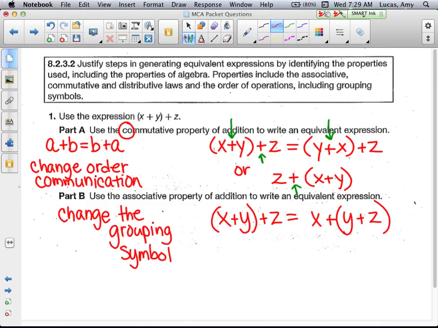So you move your parentheses from around the X and Y to around the Y and Z. So I would talk about X and Y, they're best friends hanging out. Well then, look what happens. Now Y is hanging out with Z. So in the parentheses, this piece has changed. The order does not change. You change your grouping symbol.